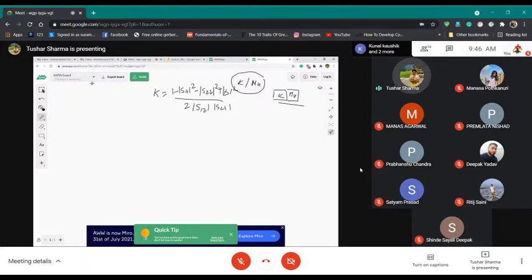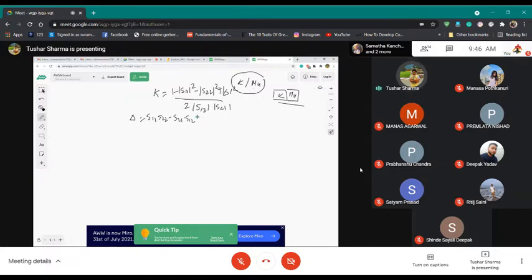Delta is given by S11 into S22 minus S12 into S21. Yes. So for this particular case, let me quickly calculate.